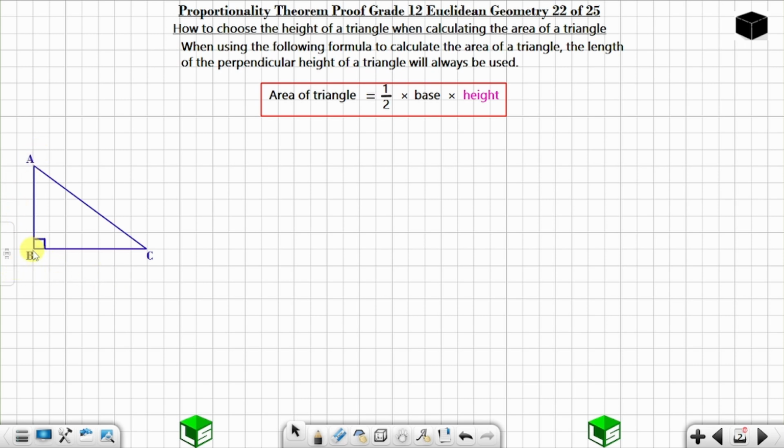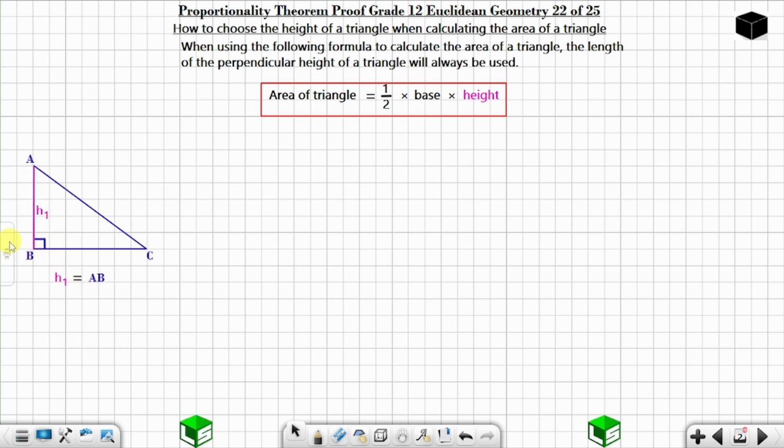So, AB is going to be the perpendicular height. So, this is going to be the height to use in this formula because AB is perpendicular to BC. So, the height is equal to AB.